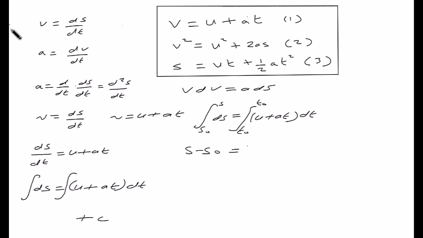So we get ut plus at squared over 2, and we're assuming here that t0 is 0. We can also assume that s0 is 0, so we can ignore those. So now we've got s equals ut plus 1/2 at squared, and we can see that that is this equation here, derived through the derivatives.